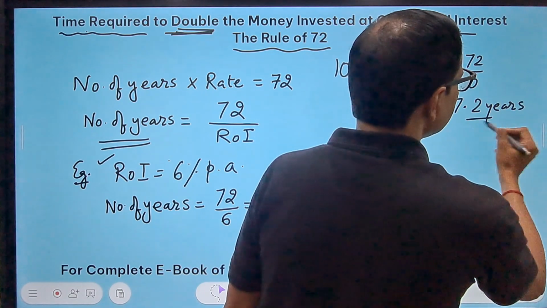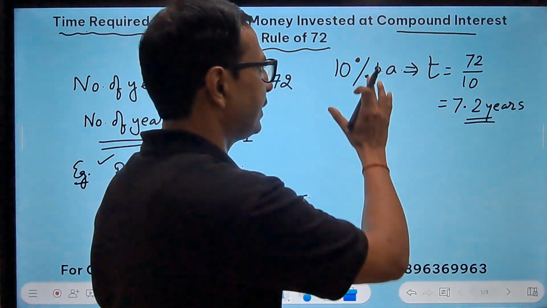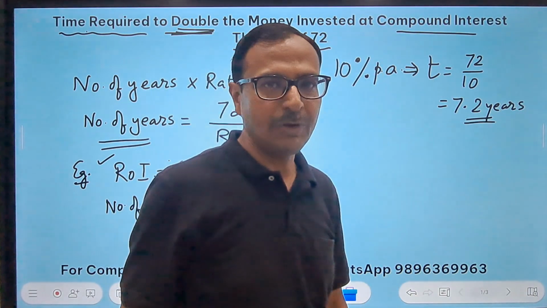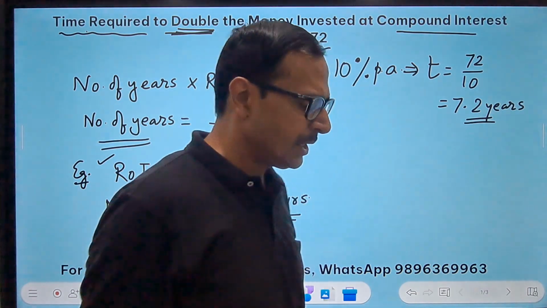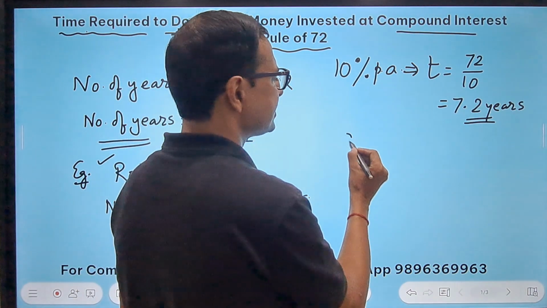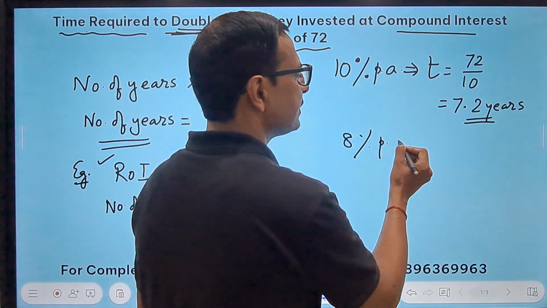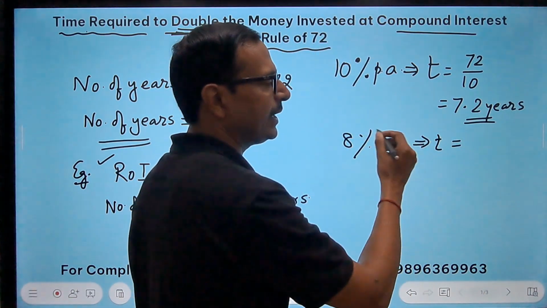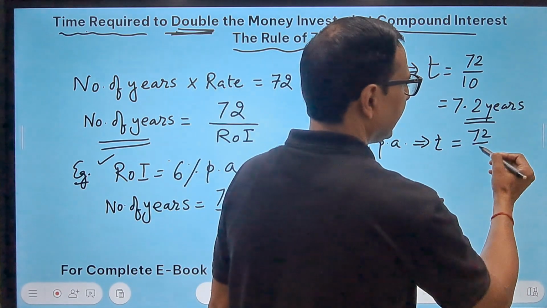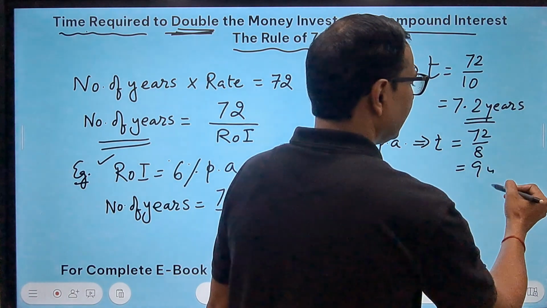So in 7.2 years, at 10% per annum compound interest, the money will double itself. Now I think we don't have to do more examples. We'll take one or two more, say 8% per annum. 8% per annum means the time required to double the money at this rate of interest will be 72 upon 8, and that is exactly 9 years.